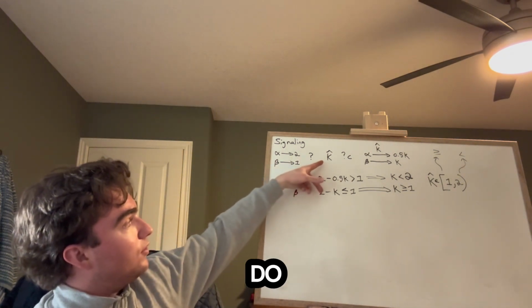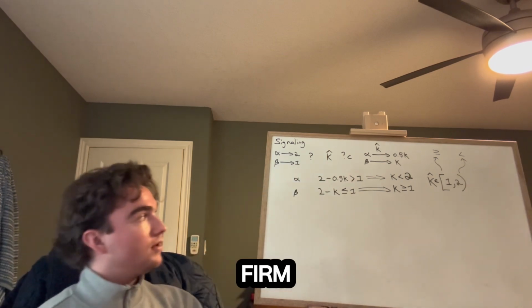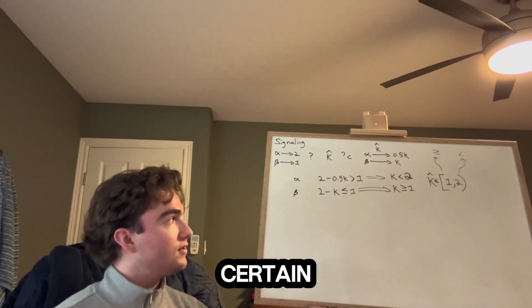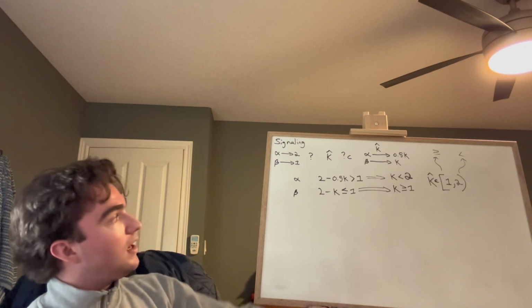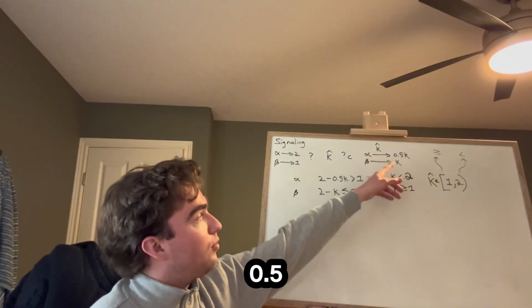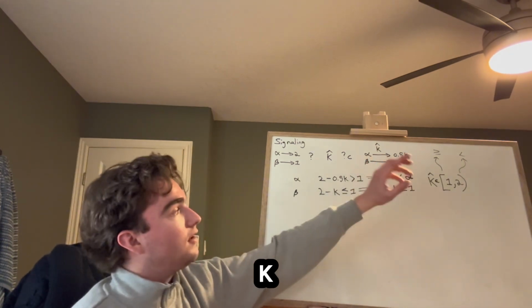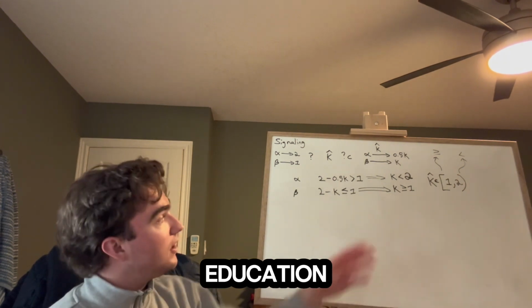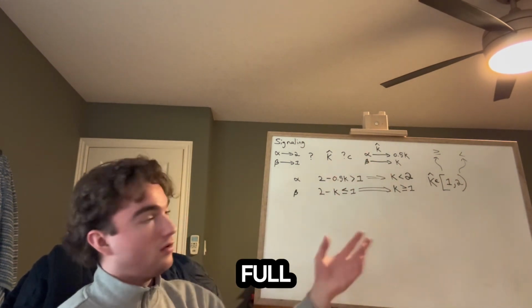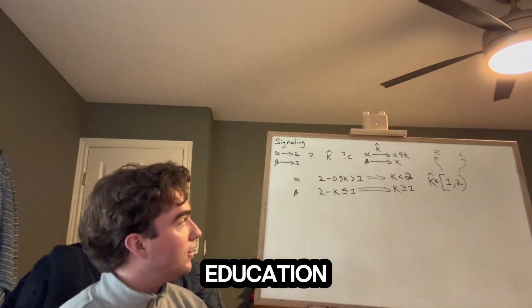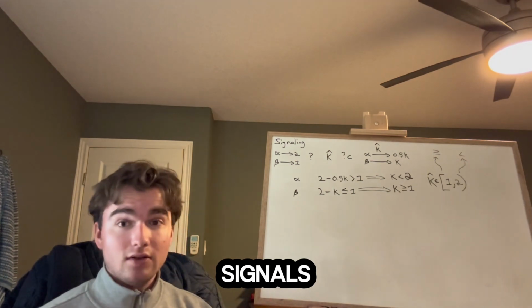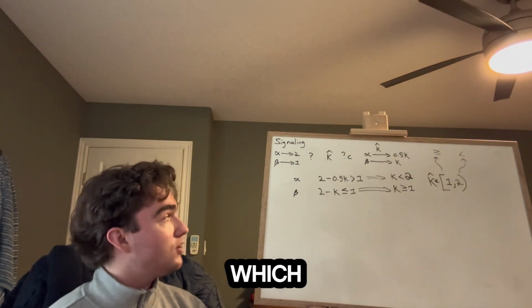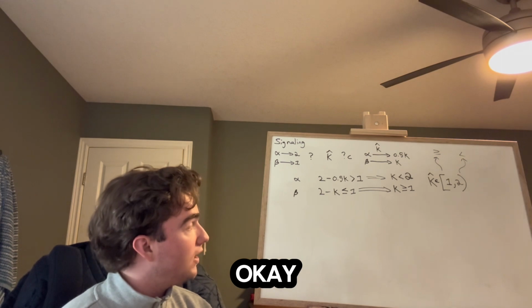And so what they'll do is the firm makes it so they can get a certain education, and it takes alpha 0.5K to get that education, and it takes beta a full K to get that education. And the education signals to the company which worker they are, okay?